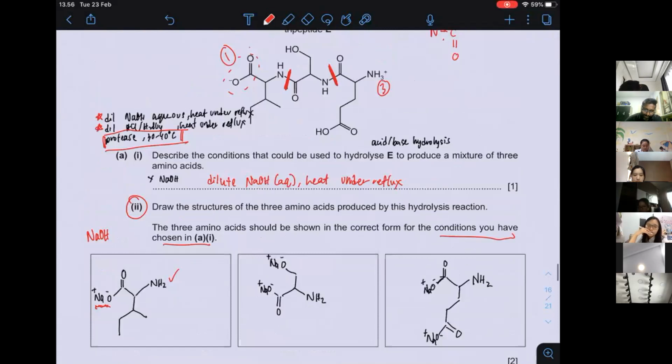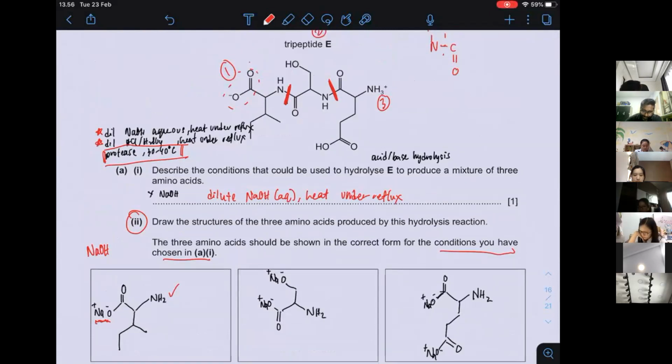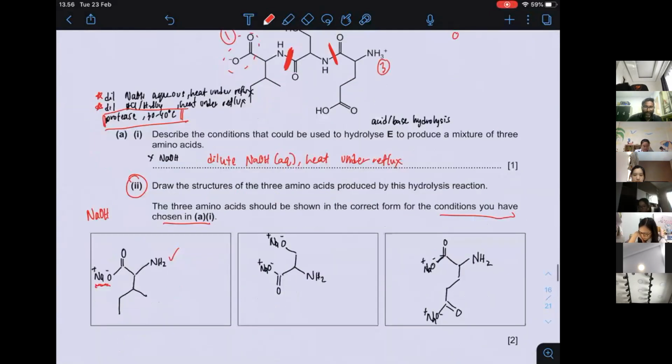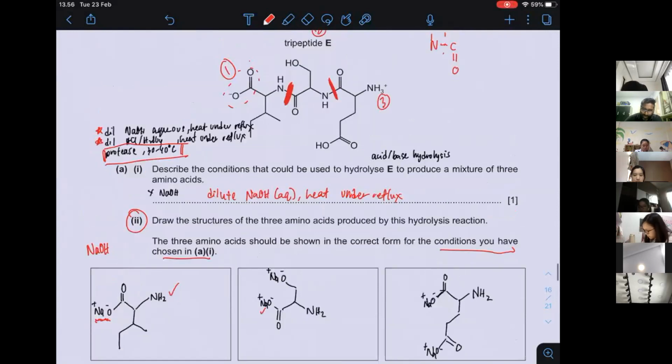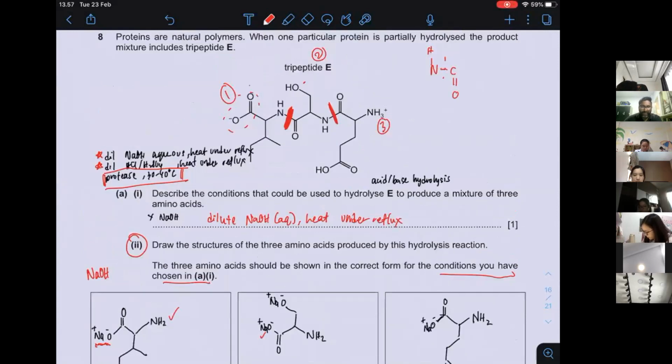If you look over here, this one is a carboxylic acid. Again, carboxylic acid does react with NaOH to give you the O minus Na plus. So you have O Na over there. Here the same thing, this one is an alcohol group. When I react it with sodium hydroxide, wait, let me check. This one is my mistake.